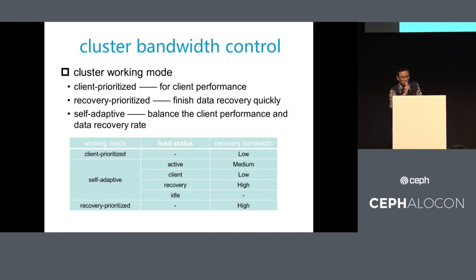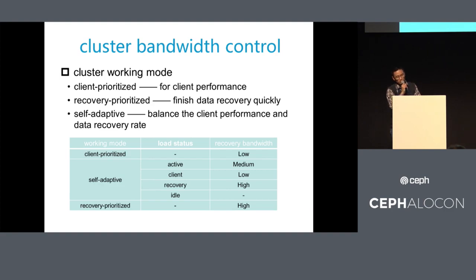Finally, we present three different cluster working modes for users to choose as they need. That's client prioritized, recovery prioritized, and self-adaptive mode. As the name shows, client prioritized mode tries best not to reduce client performance. So the OSDs are limited to lower level recovery bandwidth.